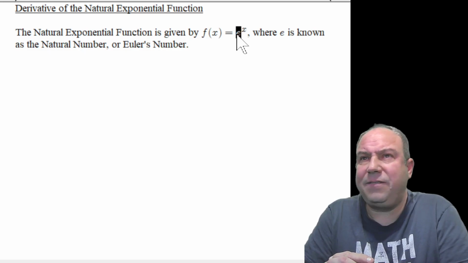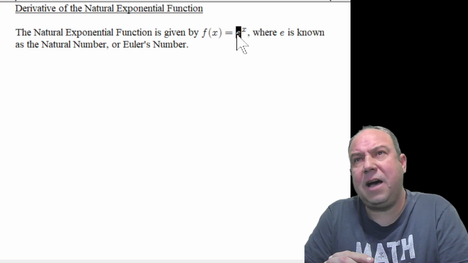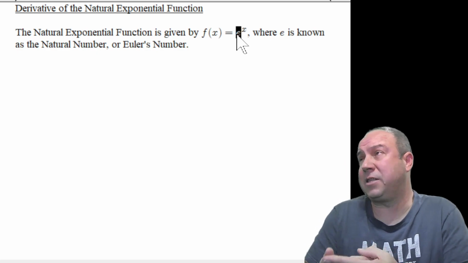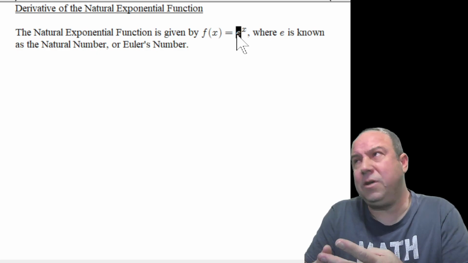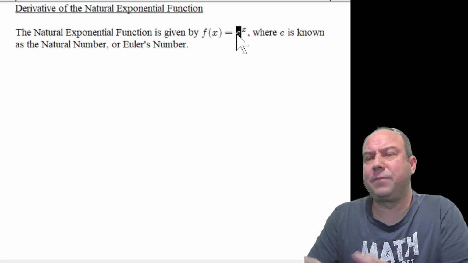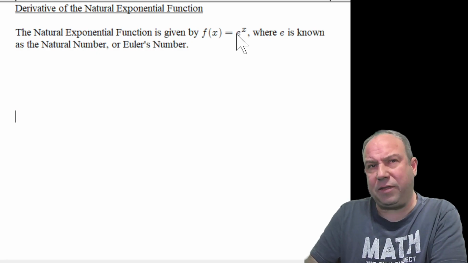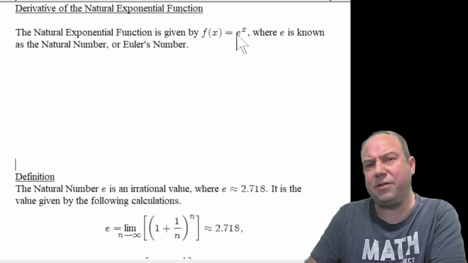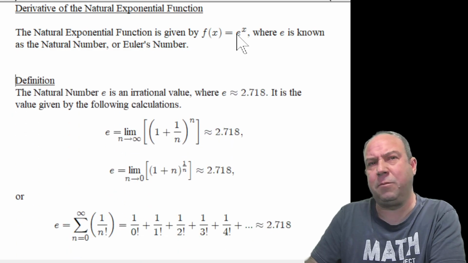And it is a unique case of an exponential function with respect to its derivative. All right? To begin with, e is an interesting number. It is called the natural number, and I do give it here by definition.